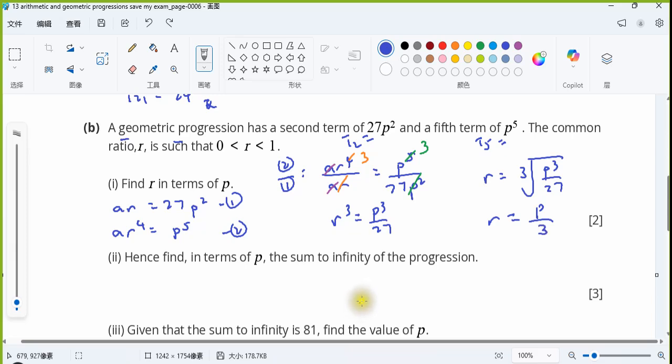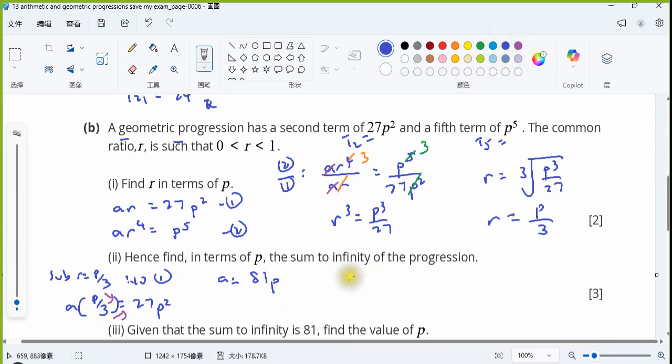Okay. So we sub r equal to p over 3 into equation 1. So we have a times p over 3 is 27p squared. So a will be 81p. Okay. So this one times 3 divided by p.